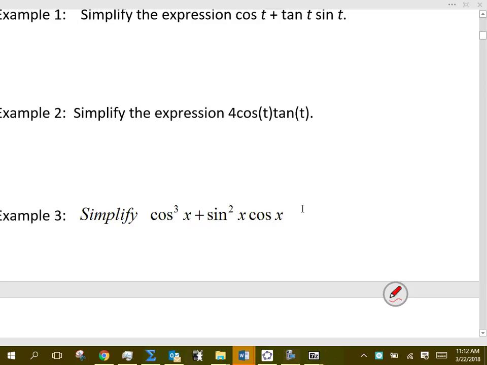So if you forget an identity or don't recognize the substitution, you can always change things to sine and cosine and do the order of operations expressed in front of you. If you do those correctly, it should all evaluate down to the same answer, even if we use substitutions. Does that make sense?